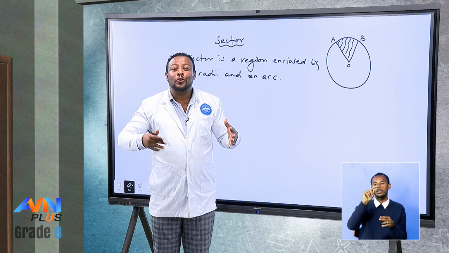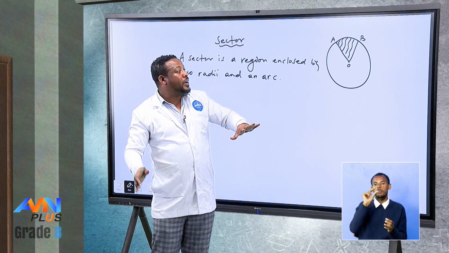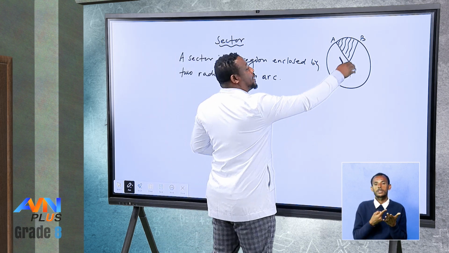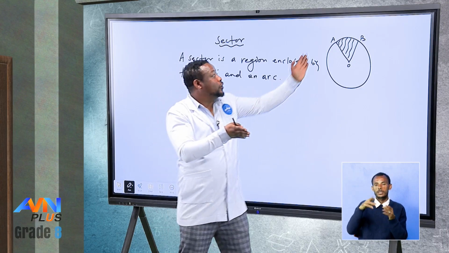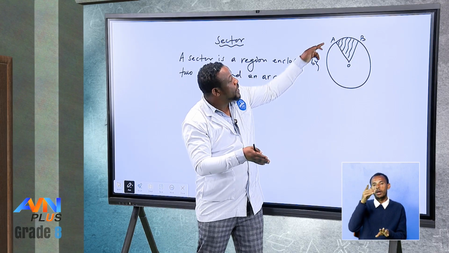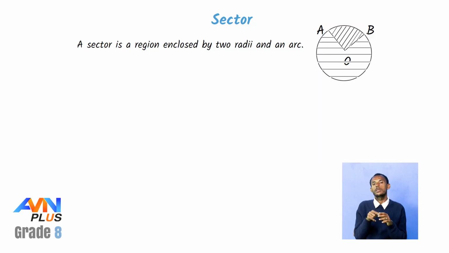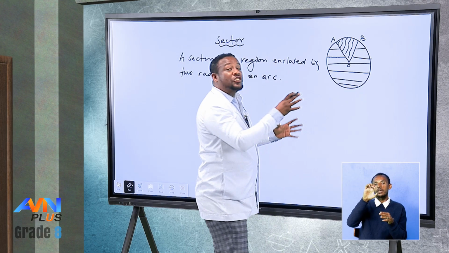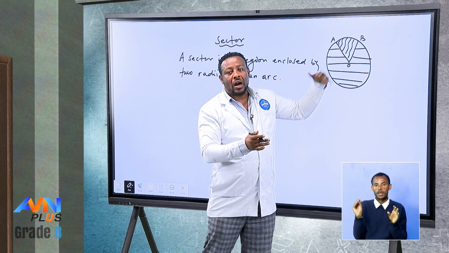Now we are going to classify a sector as major and minor, because this external part is also a region enclosed by two radii and a major arc, right? If you paint this part, this region is also a sector because this region is enclosed by two radii and a major arc.